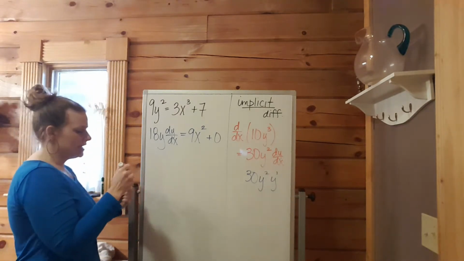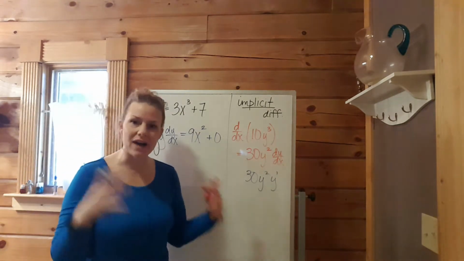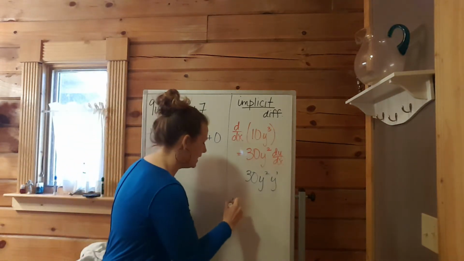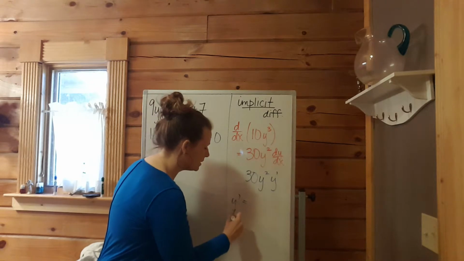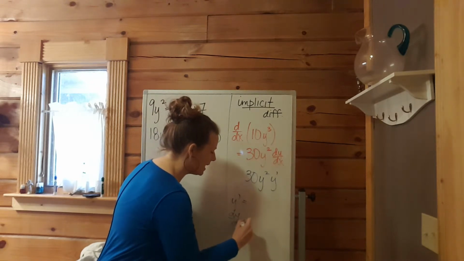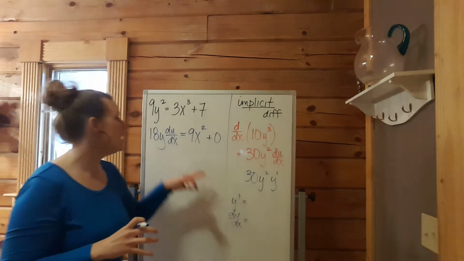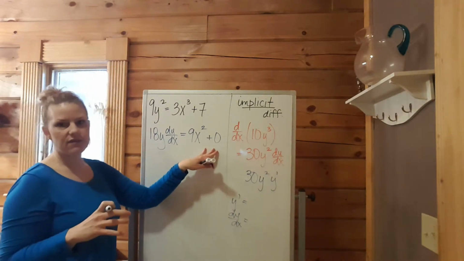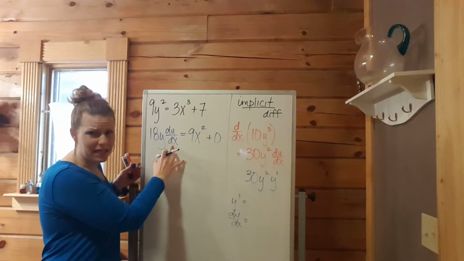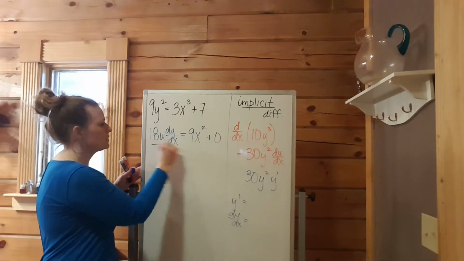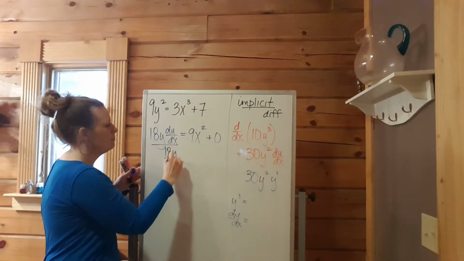Now, the next thing is when we find a derivative, we still want to find y prime equals, or dy over dx equals. We got to get that dy dx thing all by itself. So once you've taken the derivative of everything, you just get dy dx by itself. So in this case, we are just going to divide by 18y.